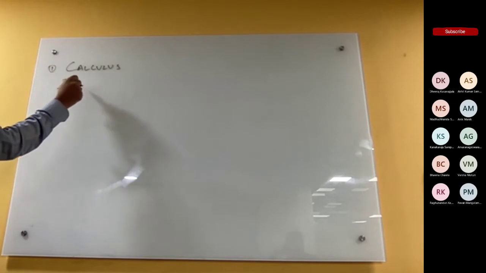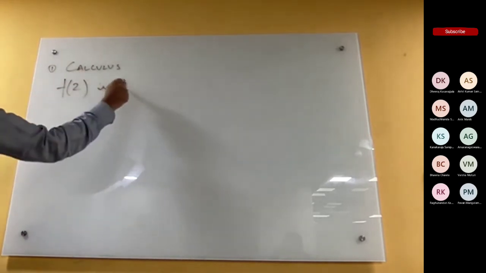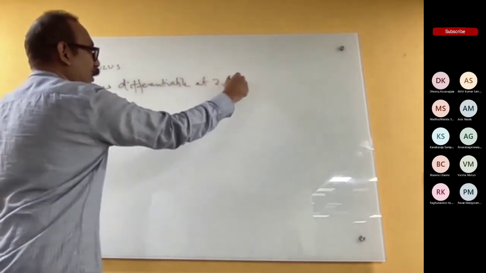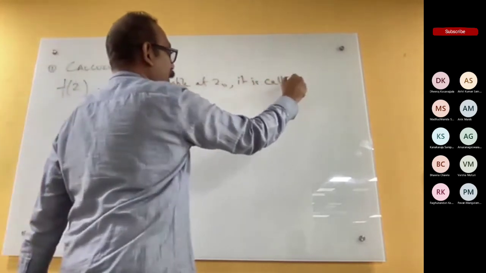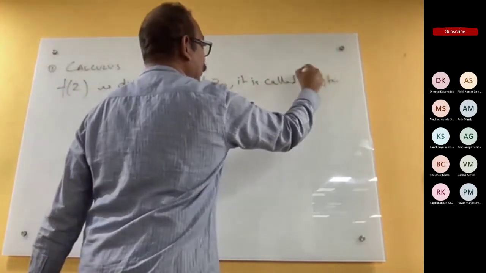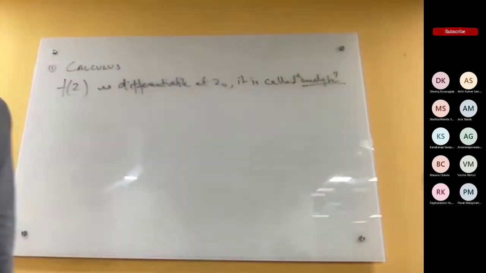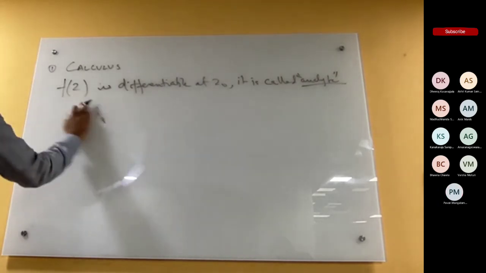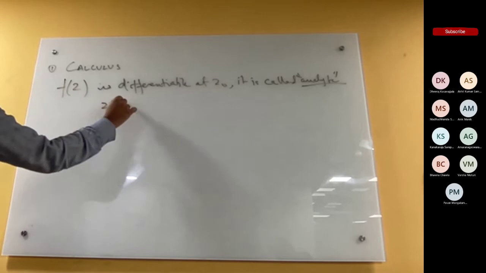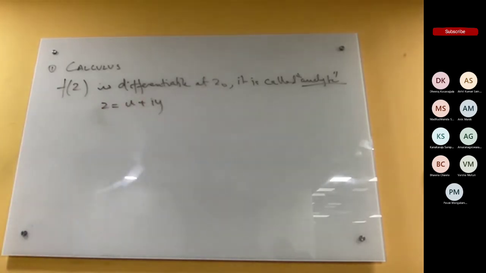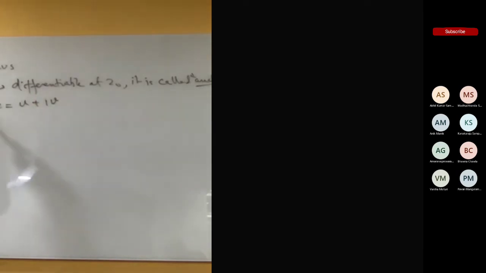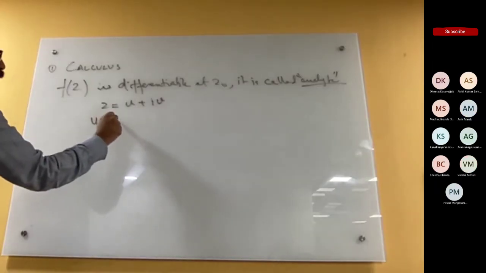If f of z is differentiable at z0, it is called analytic, basically. You would have read about analytic functions. That's what this means: if it's differentiable, it is analytic. What this means is, if z is written as u plus iv, then ux will be equal to vy.